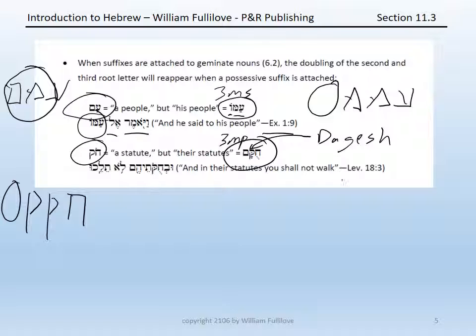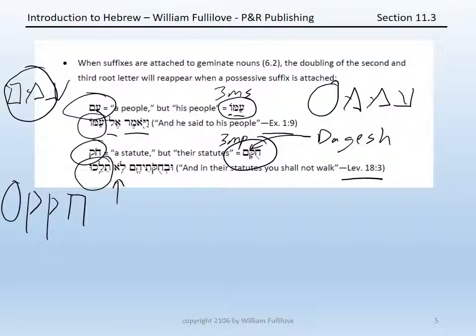For instance, in Leviticus 18:3, uvahukotehem lo teleku, and in their statutes you shall not walk. The verb teleku is an imperfect from halak.